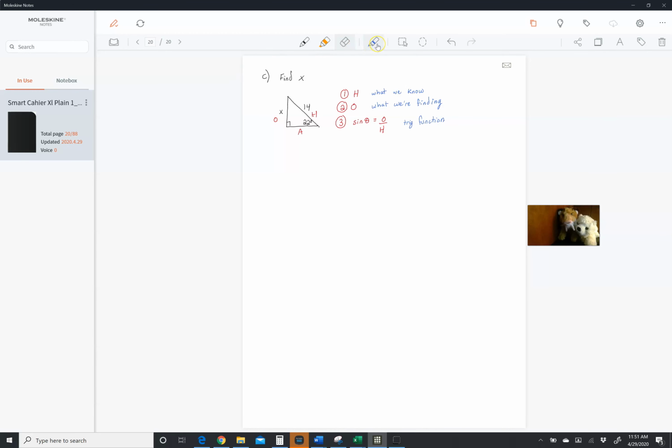And now we just plug in. So the sine of 22 is equal to our opposite, we don't know what that is, over 14. And we've seen this before. We multiply both sides by 14.